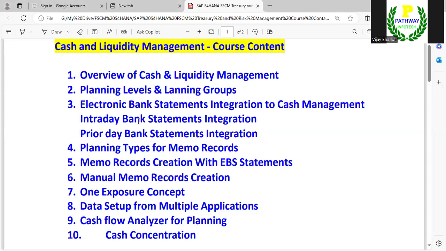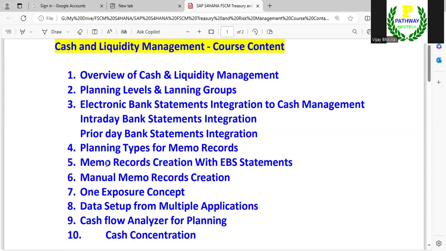Then intraday bank statement integration, prior day bank statement integration. Then planning types for the memo records, and memo records creation with EBS statements, then manual memo records creation.